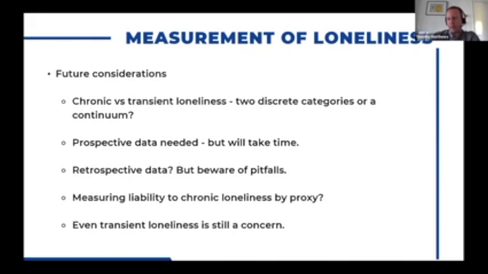Either way, I think we really need to keep measuring loneliness prospectively. So cohort studies with repeated follow-ups are the way forward there. As I say, many existing cohorts didn't start including loneliness measures until fairly recently. So this is a long-term ambition, but one that's definitely worth pursuing.